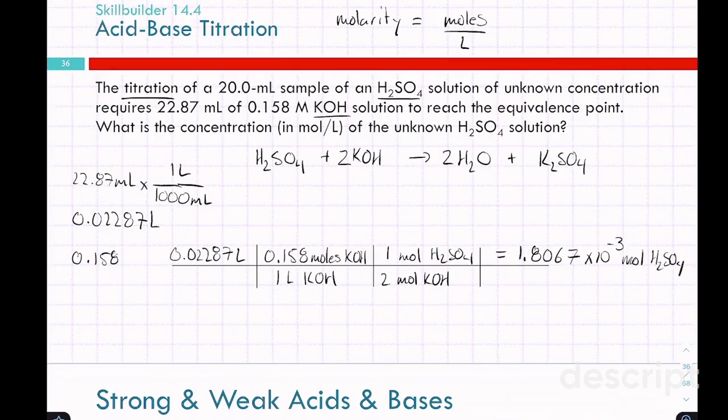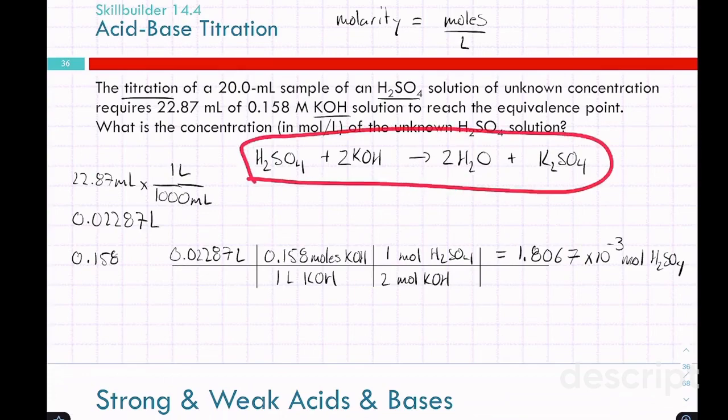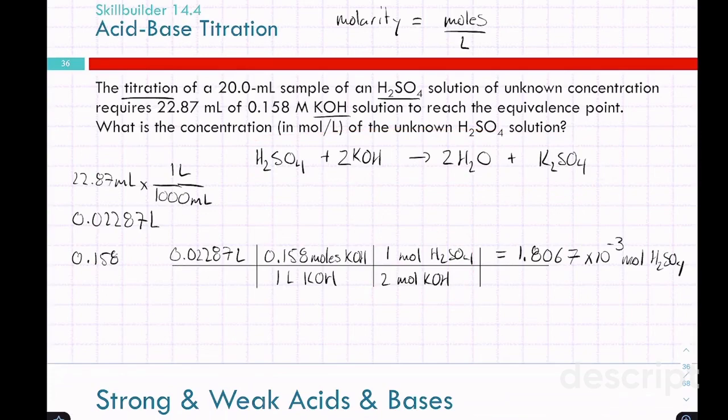And so the reason that we needed this balanced chemical equation was to get this mole ratio, because it's not always 1 to 1. Okay, so then we can take that number of moles, 1.8067 times 10 to the negative 3, and divide it by however many liters we have of the H2SO4 solution.